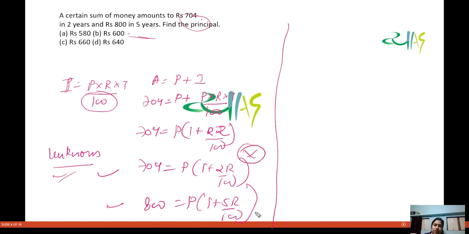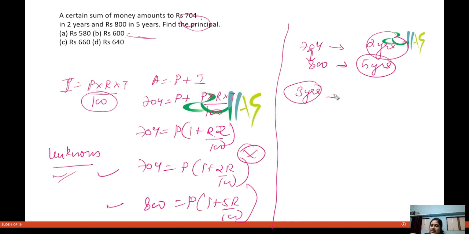What I am doing instead, very intuitively, is taking these two amounts. I am given 704, the amount of money I have in 2 years, and 800, the amount I have in 5 years. So between 704 and 800, I earned 3 years of interest. That interest is 96 rupees, because 800 minus 704 is 96.